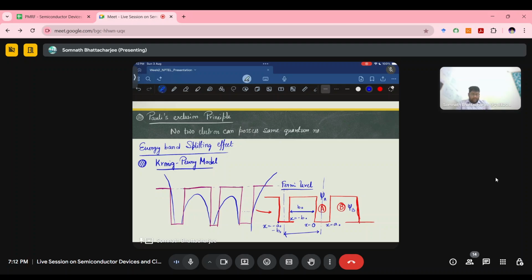From these we can get the lattice constant, which is a. It will be nothing but a naught plus b naught, the sum of this well and this area.